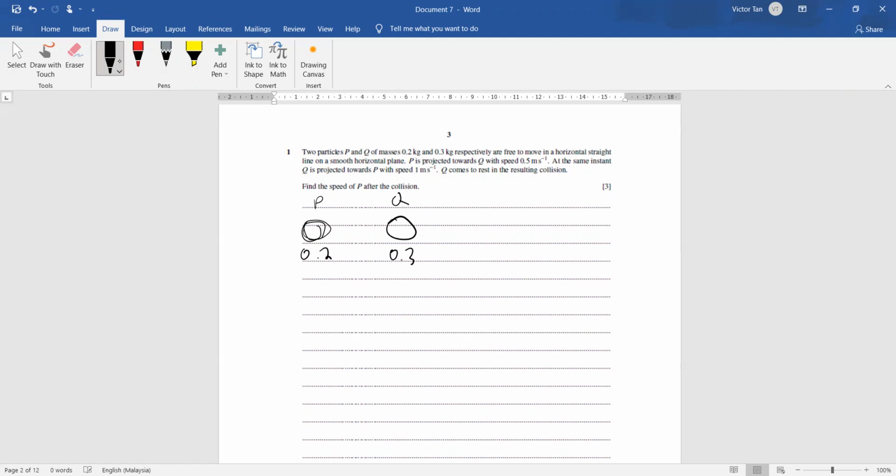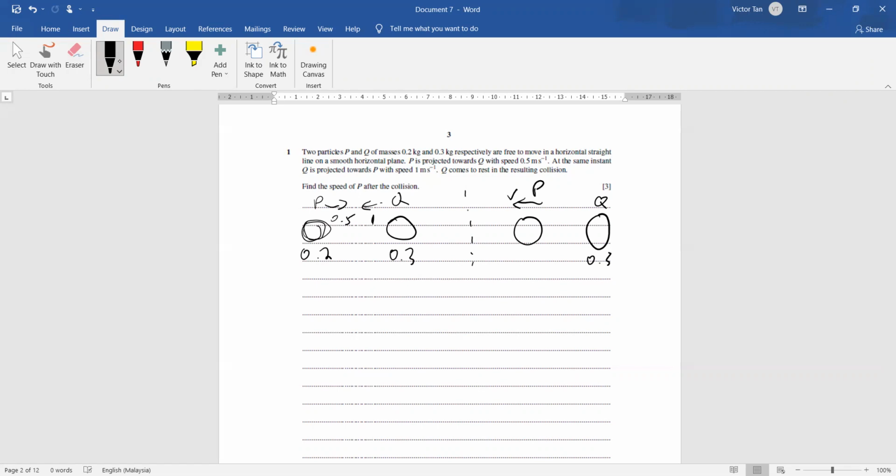This is Q. It's moving towards P. P is moving towards Q at 0.5. This is 1. After the collision, Q is stationary. I will put P. This is the speed of P.